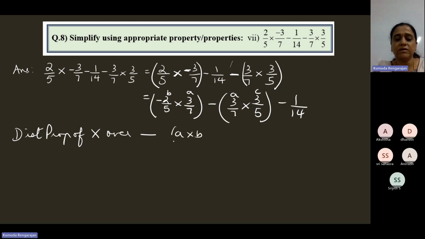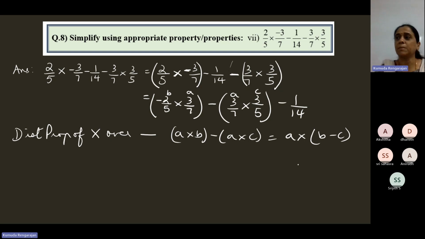A into B minus A into C is equal to A into B minus C. I've marked C. The common number is A. A is 3/7. It is common. Then B and C. So what is here is of the form A into B minus A into C.